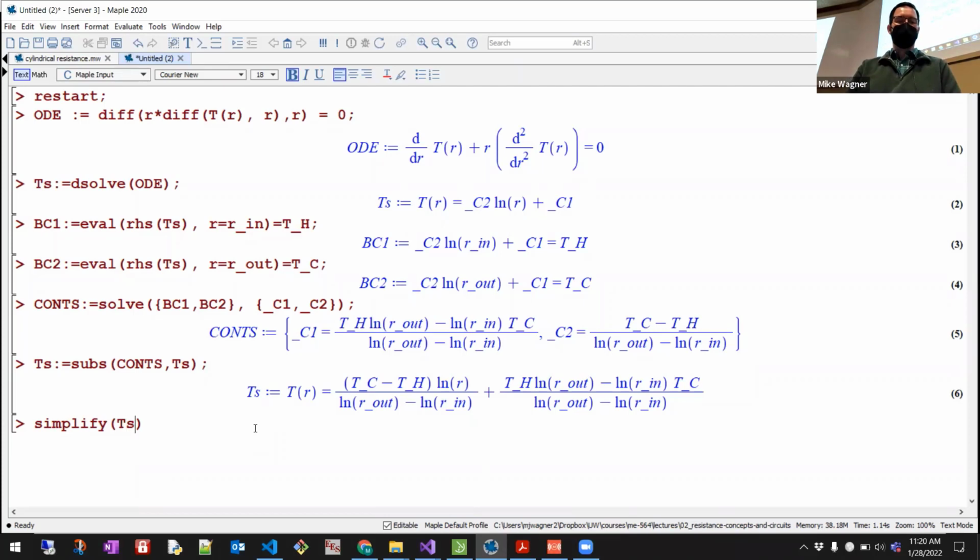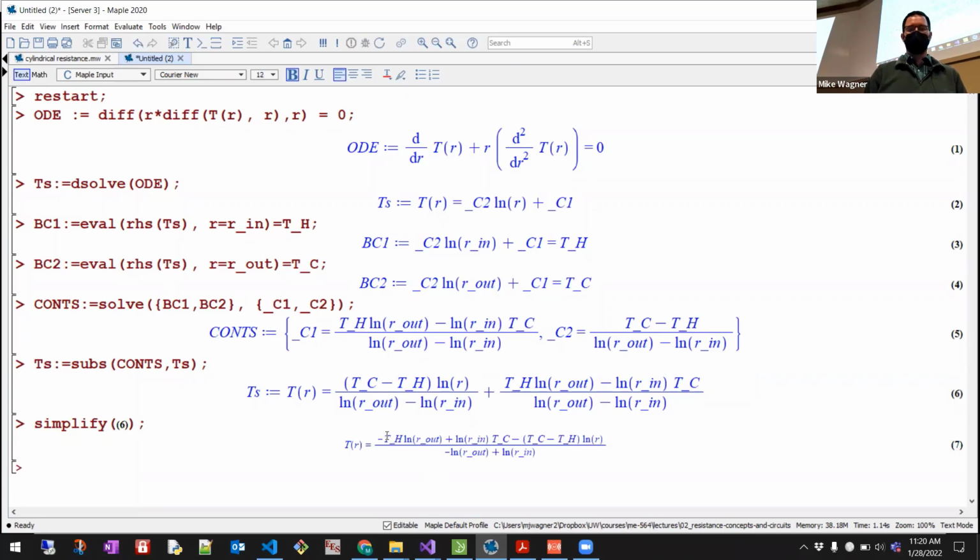By the way, instead of naming everything, if you just want to go in a sequence, you can use the percent sign. If you say simplify percent, percent is just the last thing that was evaluated. You could also simplify and then double click on the number, and it'll simplify the equation that's numbered and linked there.